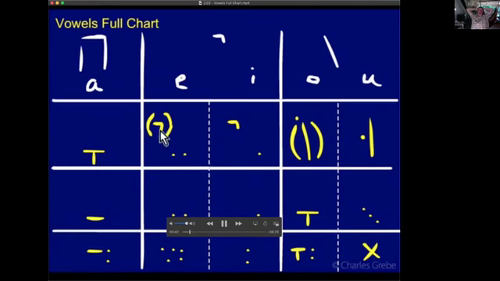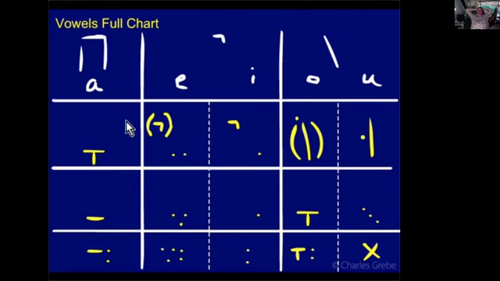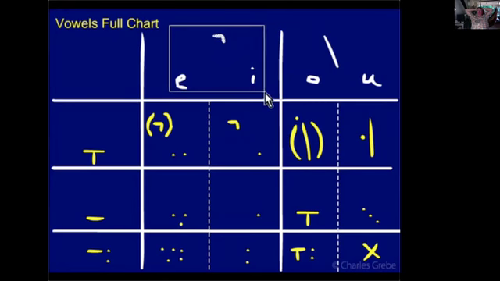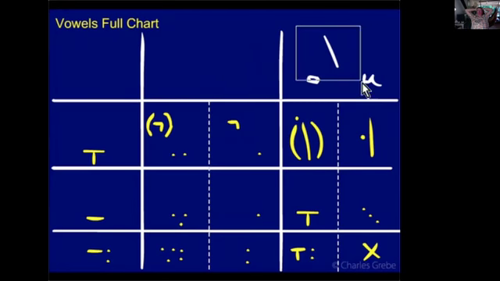What we need to do is split this row into 2 rows. And the challenge here is going to be to get this to all fit on one screen. So what we're going to do is get rid of these guys. You know what they are anyway.